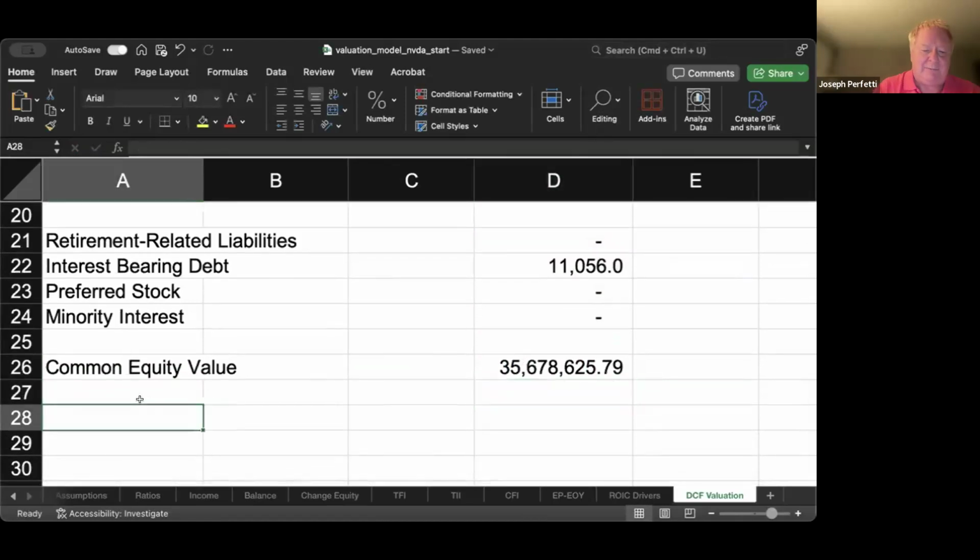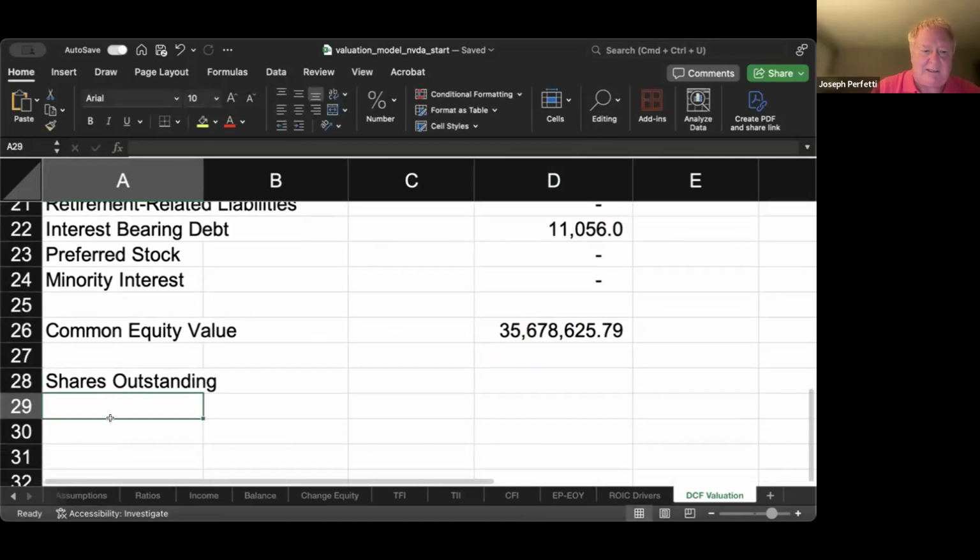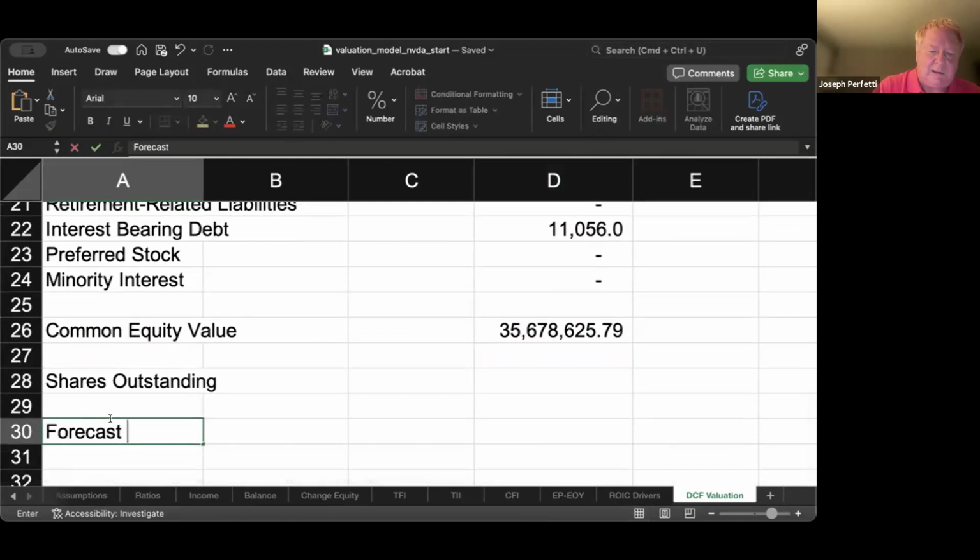If I divided by the shares outstanding, I would get a forecasted share price.